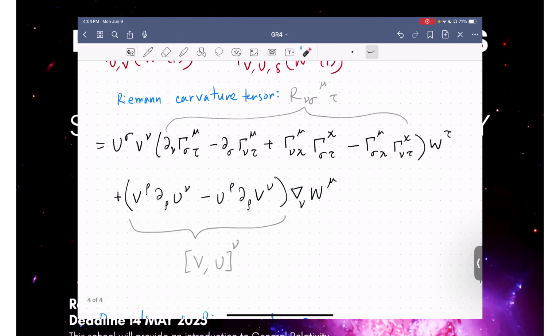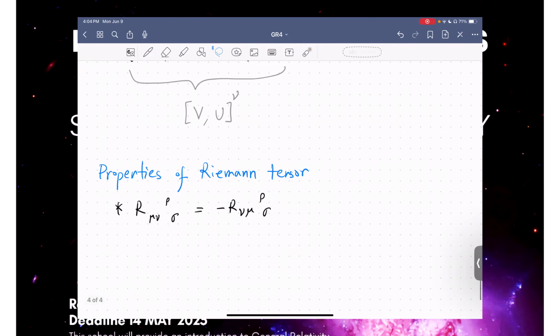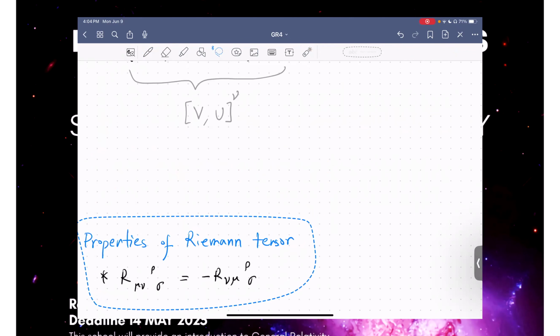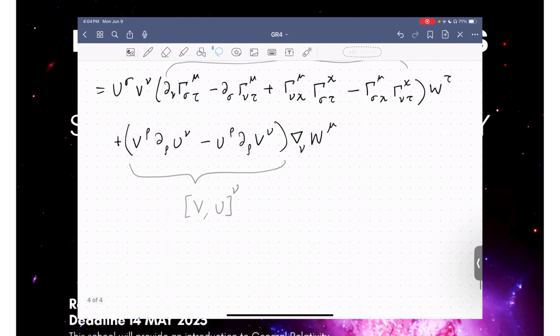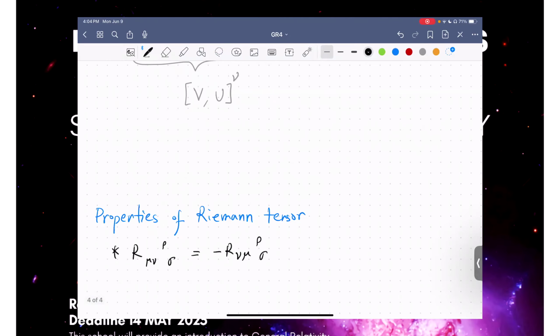I forgot to mention something very important, which is that Riemann tensor has another expression, which is much simpler. And it looks like the following.